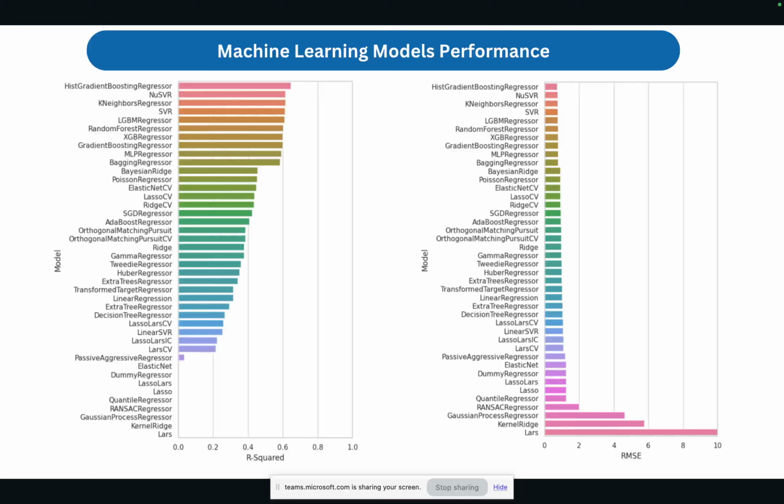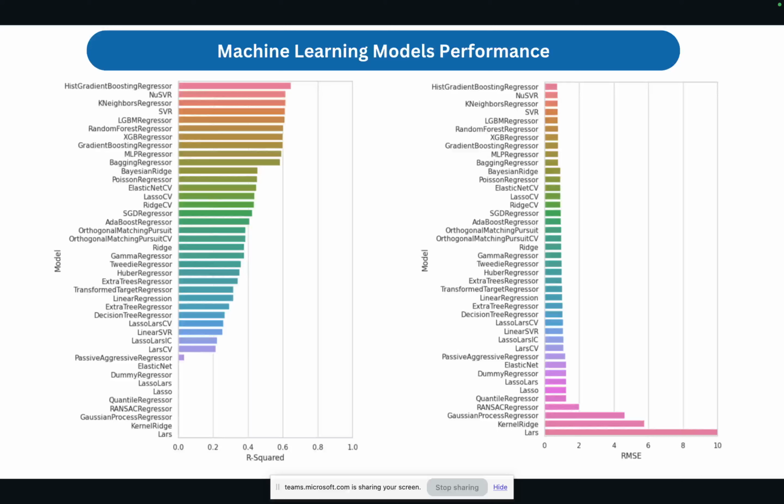Now we compared the machine learning models. We took around 40 machine learning models in hand. We did not pinpoint only 4 algorithms to compare, but took 42 machine learning models into consideration, and surprisingly we got the histogram gradient boosting regressor as the top performer.